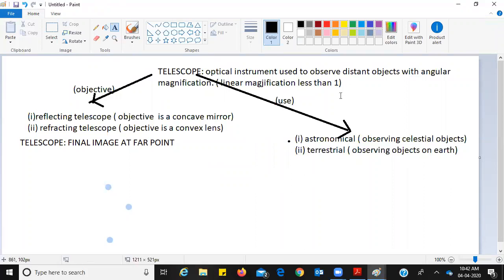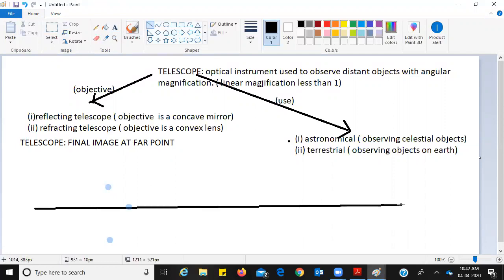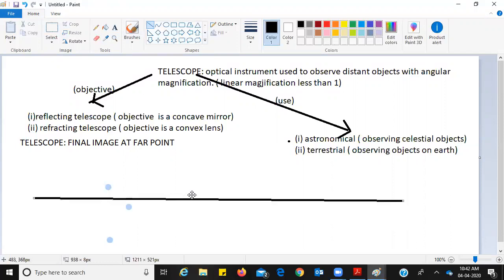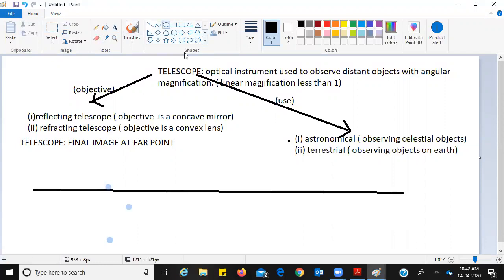Even before that, you should know the properties of the objective lens. There are two lenses, the objective and the eye lens. This is the principal axis. The first lens used is much larger in the case of a telescope.